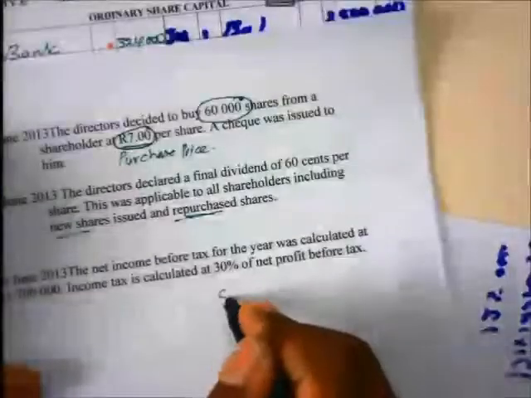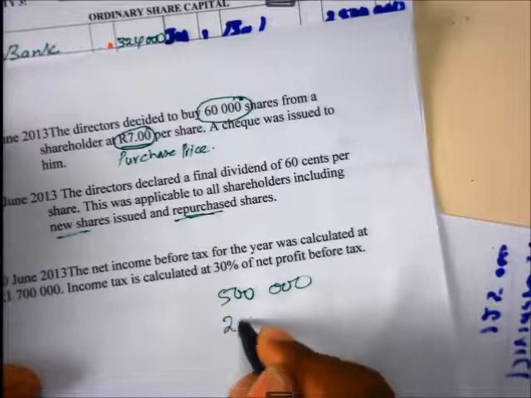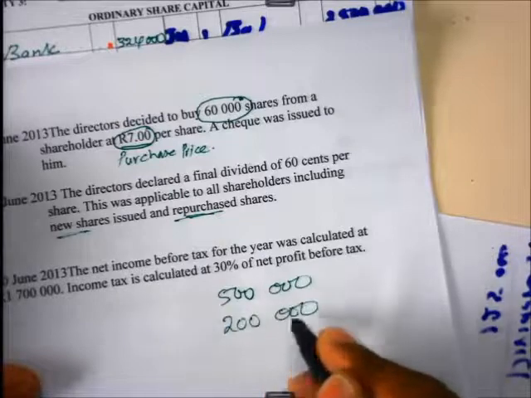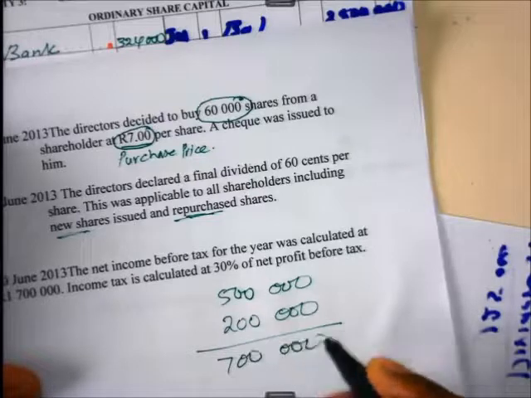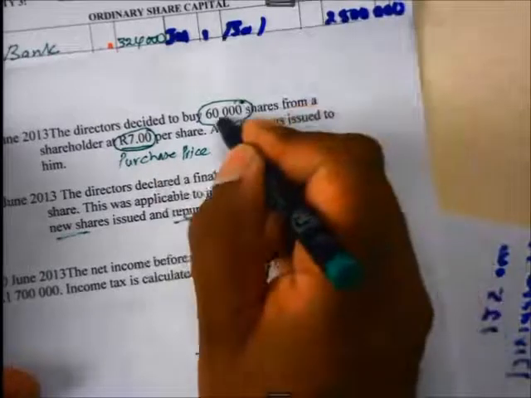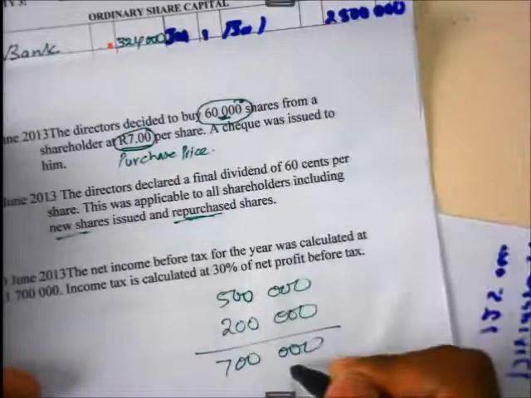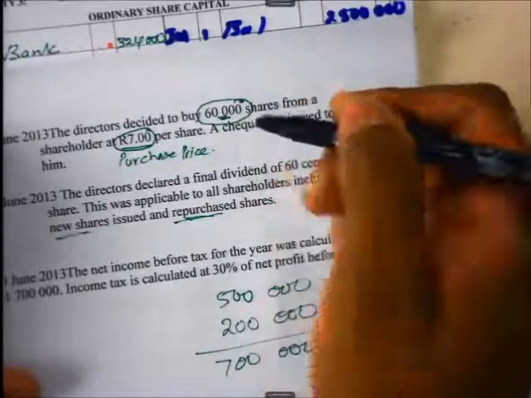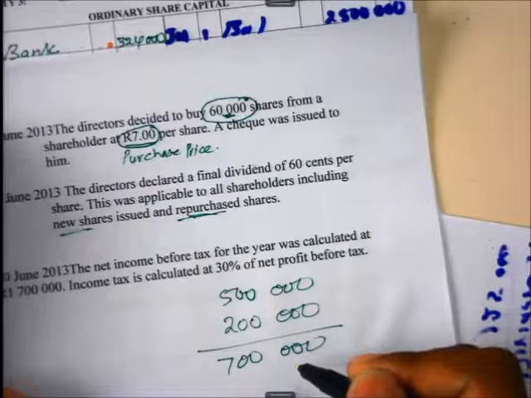We said at the beginning of the year, we had 500,000 from last year. And then we issued 200,000. All in all, we have 700,000 shares. Even though we sold the 60,000, this instruction says we must not subtract the 60,000. They say the 60,000 also benefit from the share distribution.